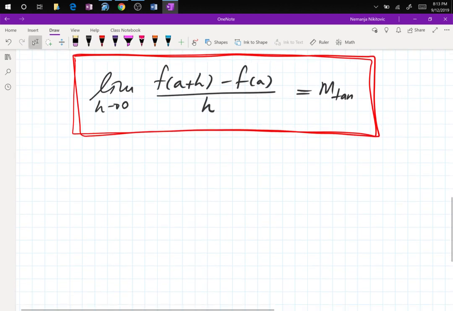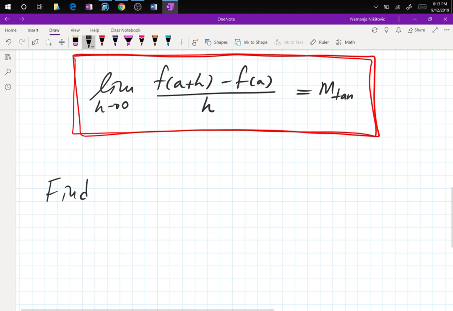Let's do an example, since we've been talking theory for the entire lecture so far. How about if I say that I would like to calculate the slope of the line for the function so-and-so at the point so-and-so. So let's go.